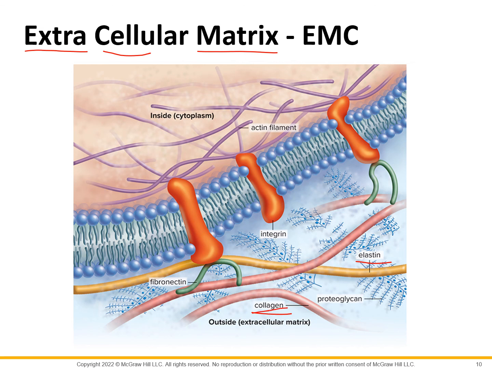So you have collagen, elastin, proteoglycan, protein and glycan, carbohydrate, and fibronectin. Those are some of the fibers that you find in the extracellular matrix, and many of them are attached to integrins. Integrins are transmembrane proteins, integral proteins, and these fibers will bind to the integrins to hold the cells together.